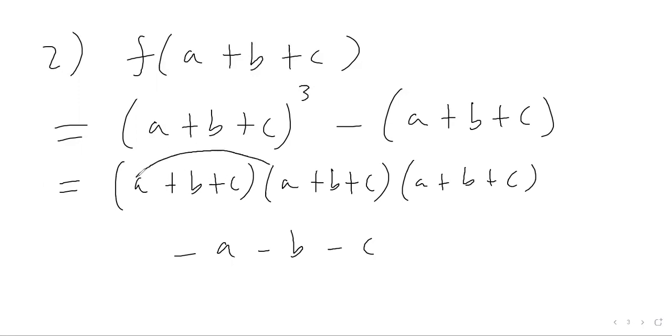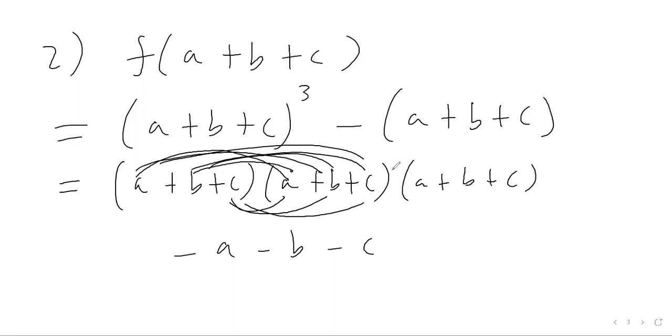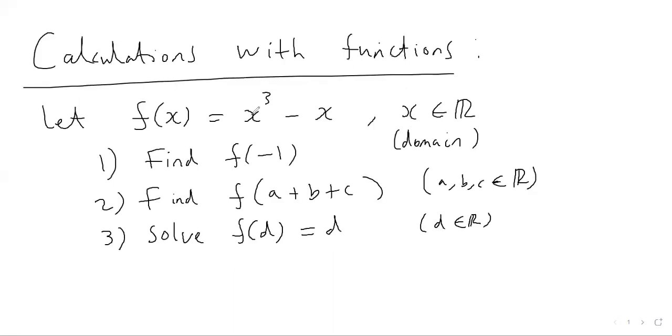I would recommend expanding the first pair of brackets first, and then once you've got a solution there, you can expand this with the three terms in the third pair of brackets. I'm not going to do that here because it's a bit tedious, but you get the point. You just want to plug in this number into the variable x. That's the key point really from this video, that you plug the numbers in place of the variable x.